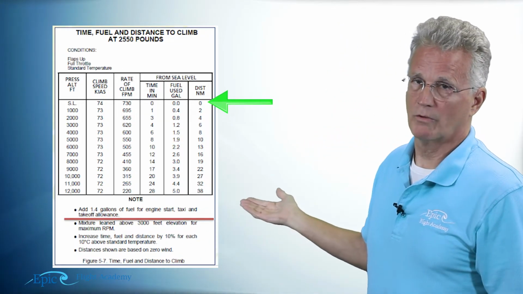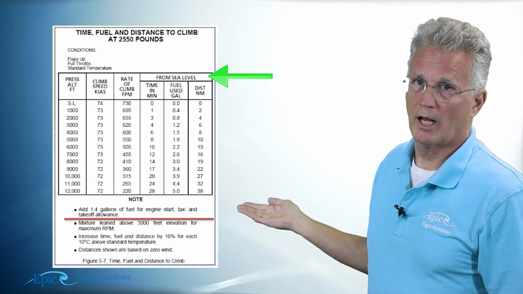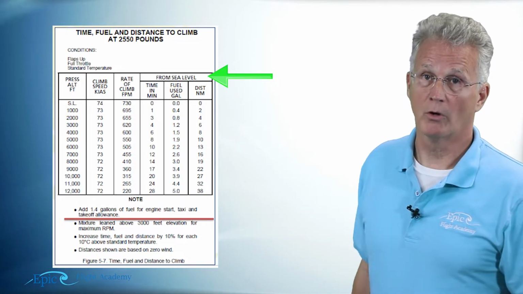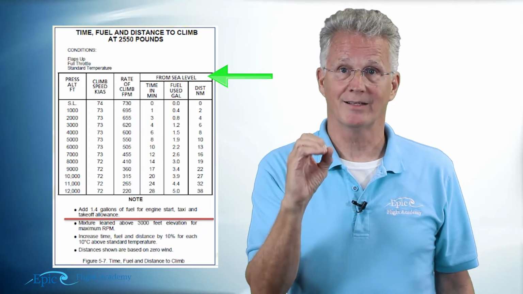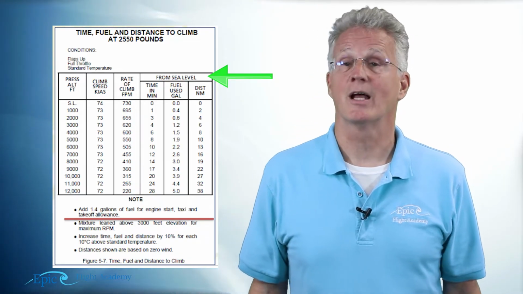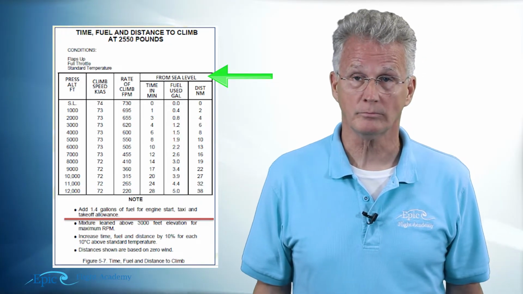You see this over here on those last three columns to the right near the top, it says from sea level. So I'm starting out at 0. Let's say I'm climbing to 6,000 feet.